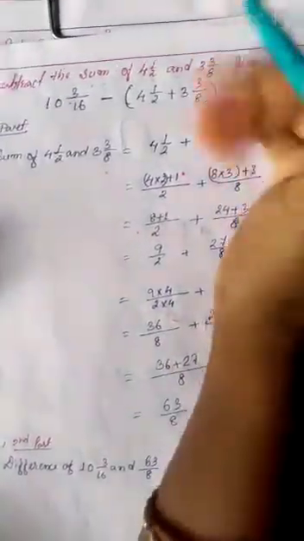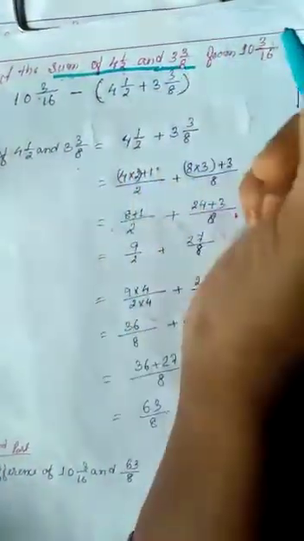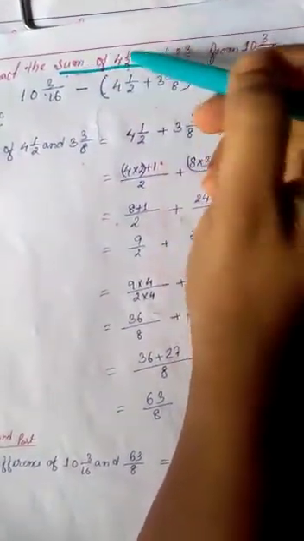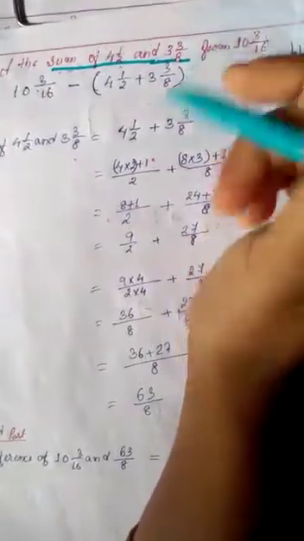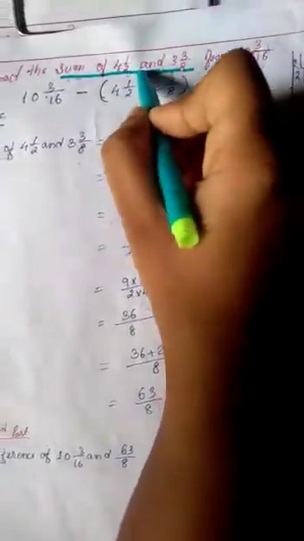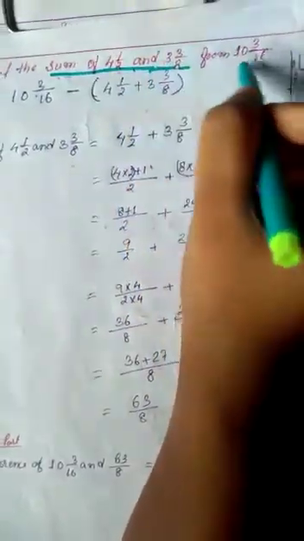First of all we have to find out the sum, let us understand. At first you understand the question nicely. So at first we have to find out the sum of 4 of 1 by 2 and 3 of 3 by 8. After finding the sum, then what do we have to do, students? Then you have to subtract the sum from the result. That means whatever we get, that result we have to subtract.